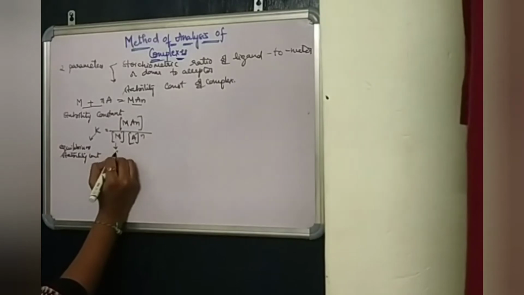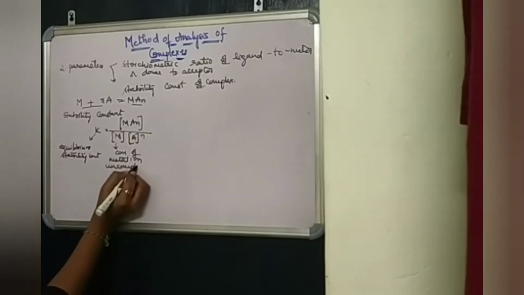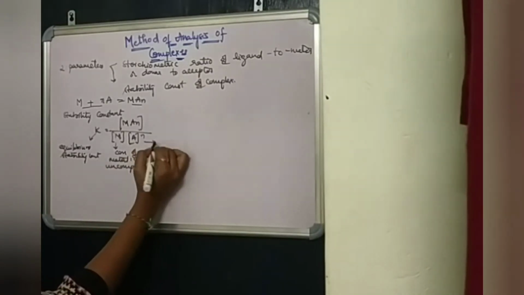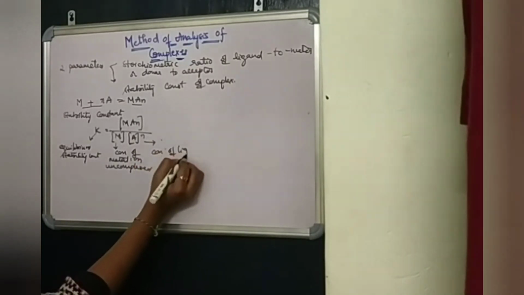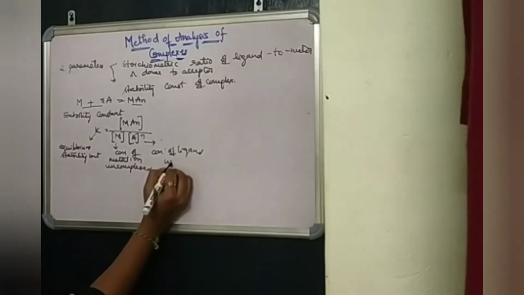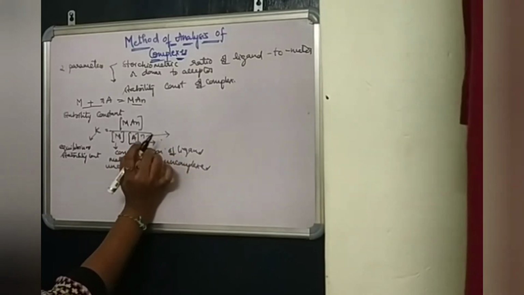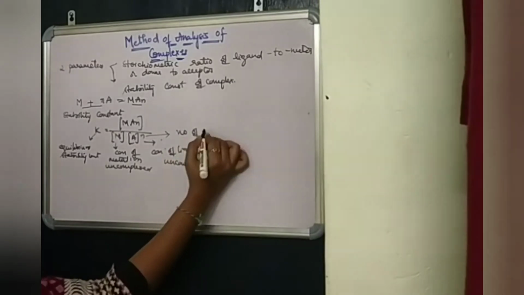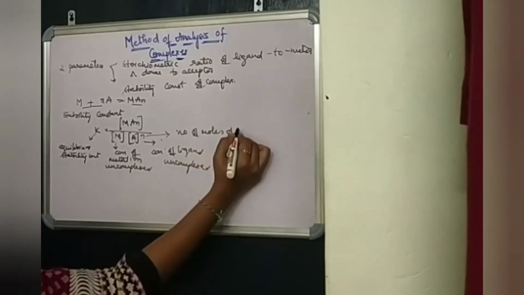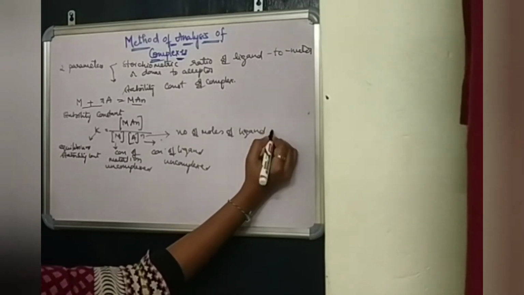The concentration of M is the concentration of metal ion uncomplexed. A is the concentration of ligand uncomplexed. And the power n is the number of moles of ligand combined with 1 mole of metal ion.